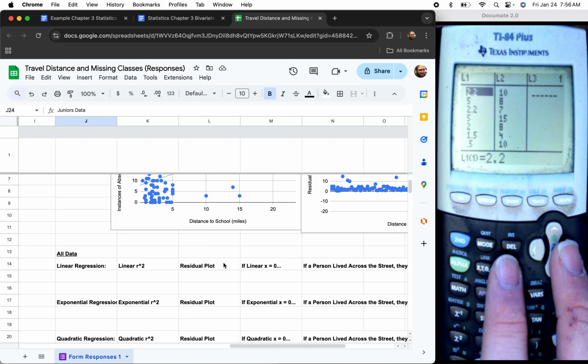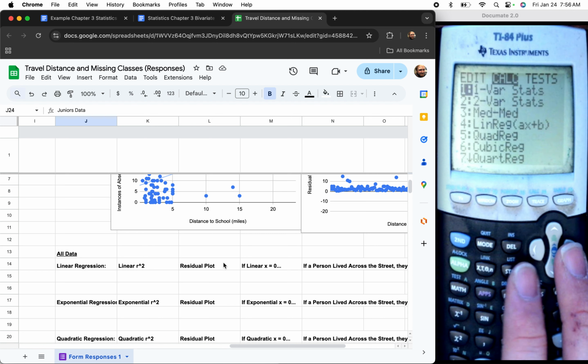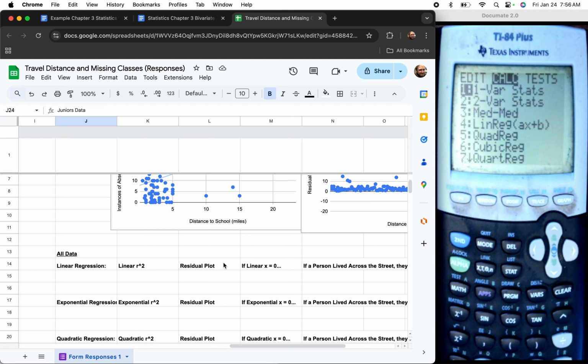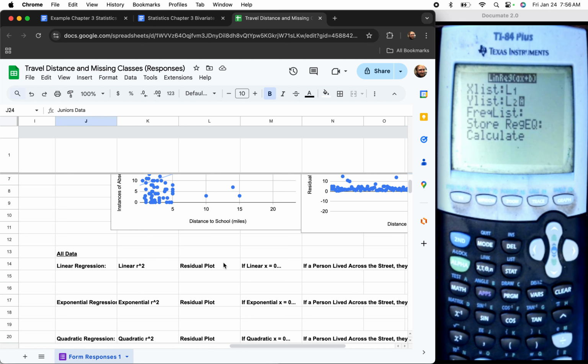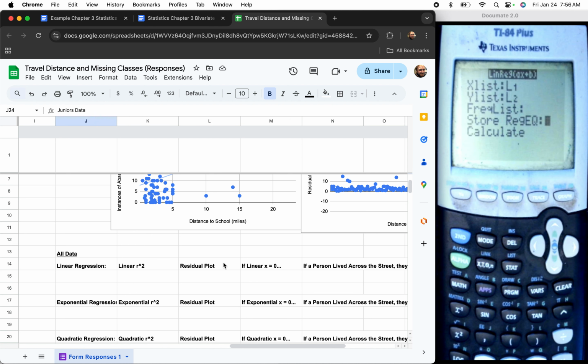So to get your linear regression, again, you hit Stat, Calc, and then option 4 is your linear regression. I'm running this just on my L1 and L2. You might see that I've got some of my subgroup data already set.